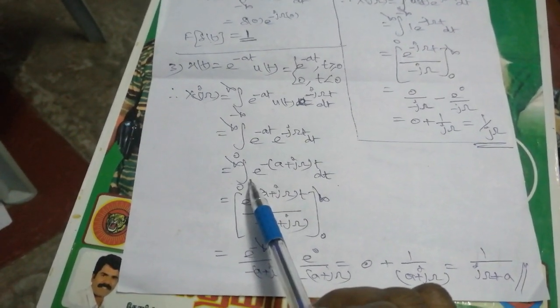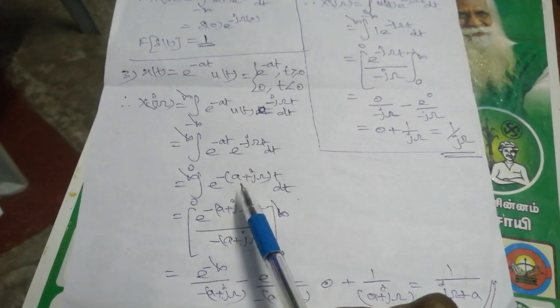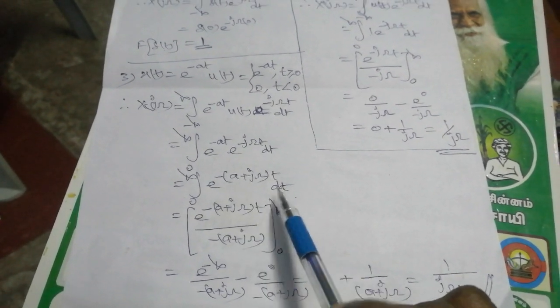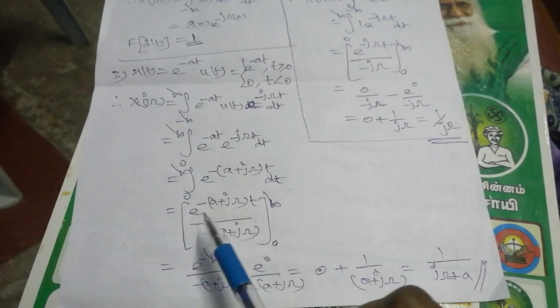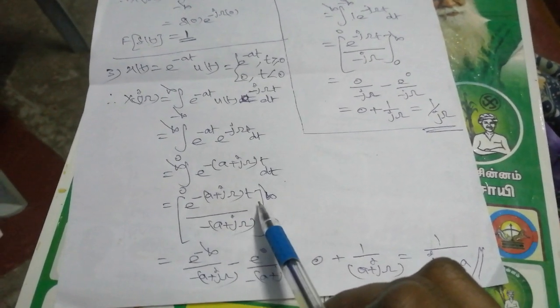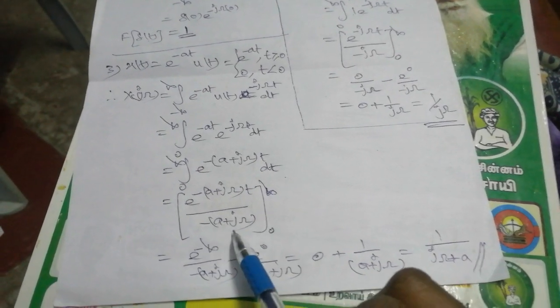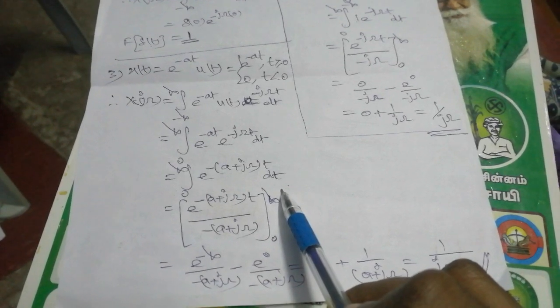Clear? Which is equal to, we again have to apply the same formula, that is integral e power ax dx is e power ax divided by a. So it becomes e power minus of a plus j omega into t divided by minus of a plus j omega with the limits 0 and infinity.